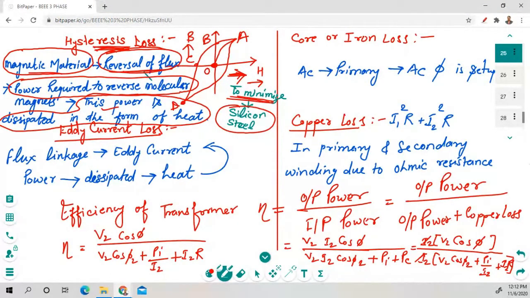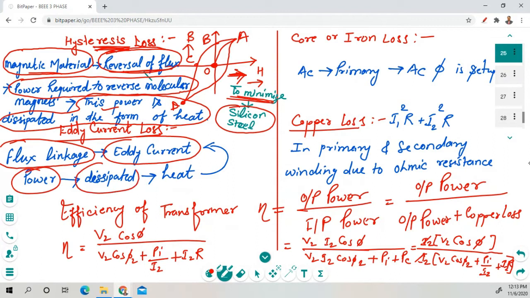As you can see, there is a flux linkage between the primary and secondary winding. When your primary and secondary winding are linked with this flux, eddy current will be generated. So how will this eddy current loss be generated? When you give the power, it will be dissipated in the form of heat, and eddy current will be generated.